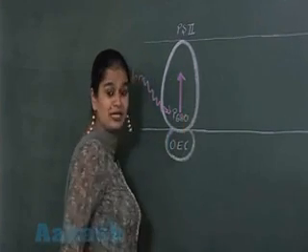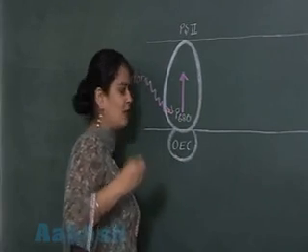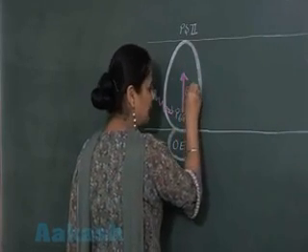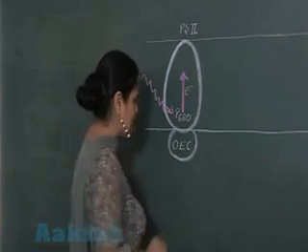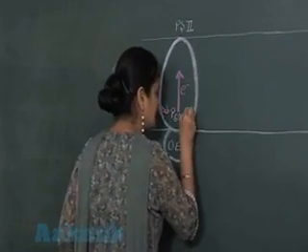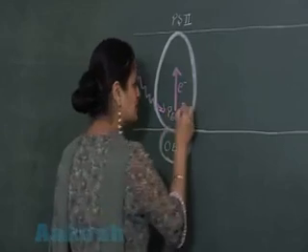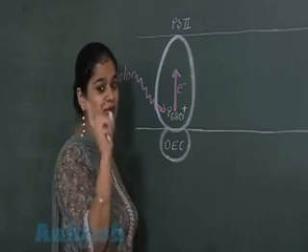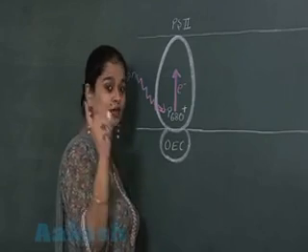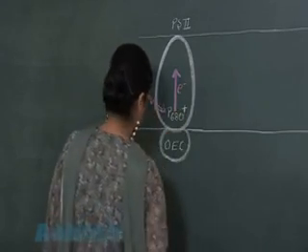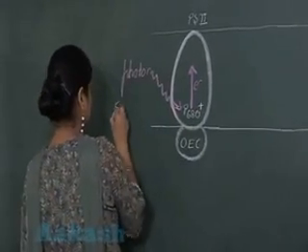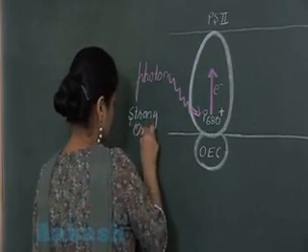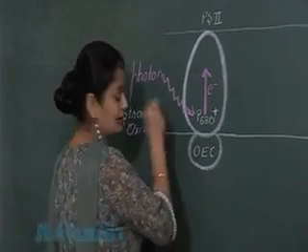By absorbing the energy, there is release of an electron. As the electron is released, P680 acquires a positive charge. When it acquires a positive charge, it starts behaving like a strong oxidant.